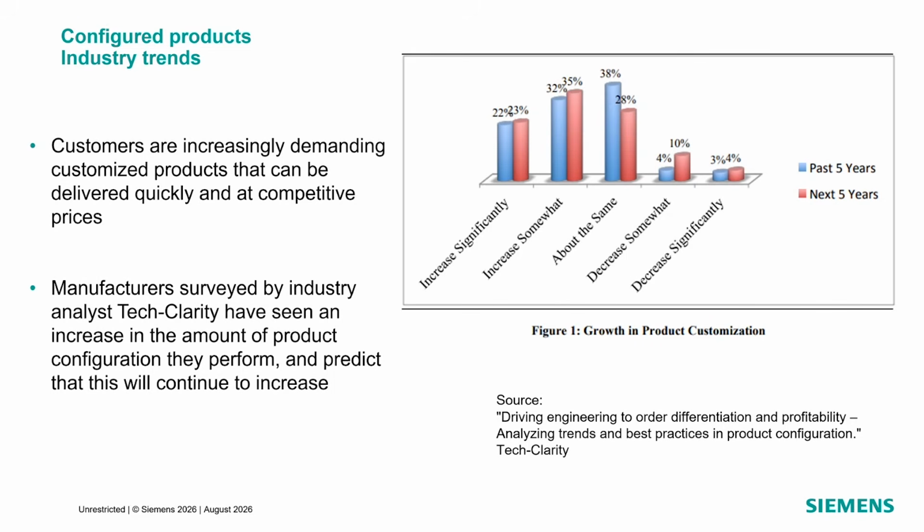The Tech Clarity research here that I have on the slide also indicates that manufacturers have already seen product configuration increase in the past 5 years and expect that trend to continue for the next 5, 10, 20 years, and so on. So again, I just want to emphasize here, customization is no longer an occasional exception these days.